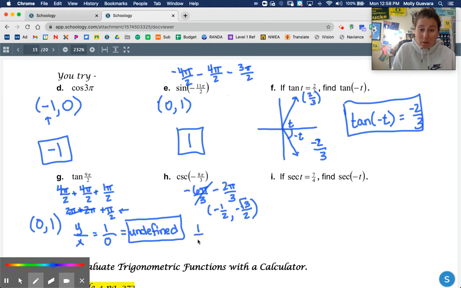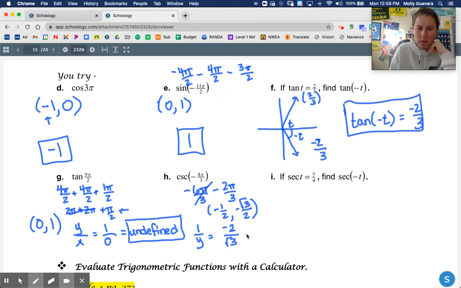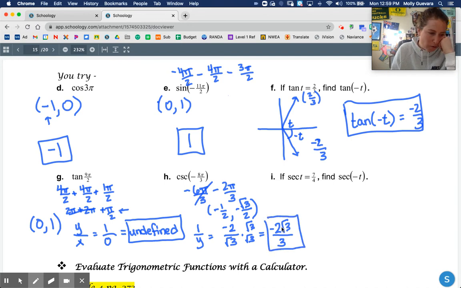So I'm going to take the reciprocal of y. I'm going to keep the negative up top. Negative 2 over root 3. So I'm taking the reciprocal of my y coordinate. I can't have root 3 on the bottom, so I'm going to multiply by root 3. And I get negative 2 root 3 over 3. And that is my cosecant.